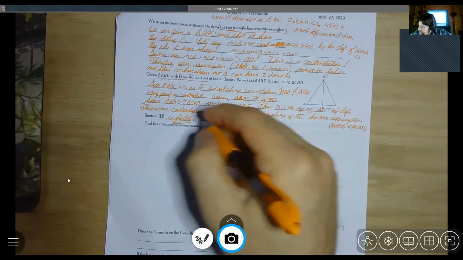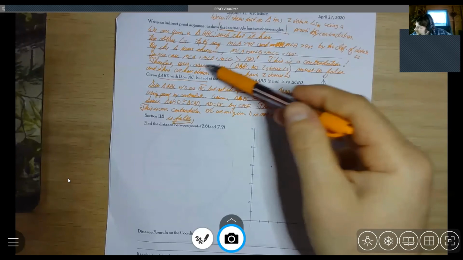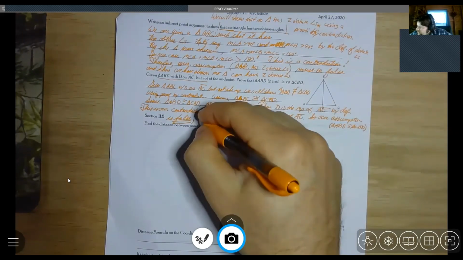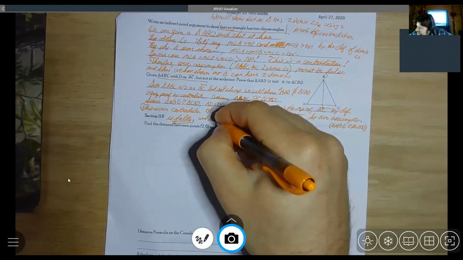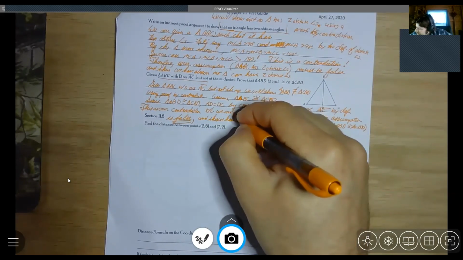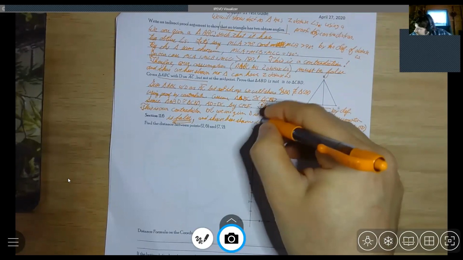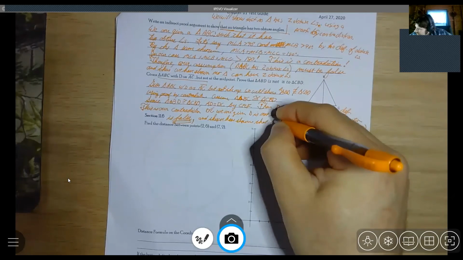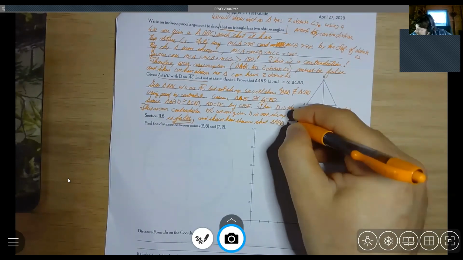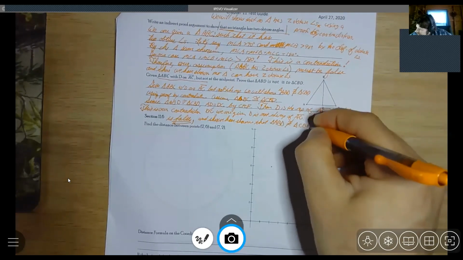Just like we did up here, we say our assumption is false, and thus we have shown that triangle ABD is not congruent to triangle CBD.